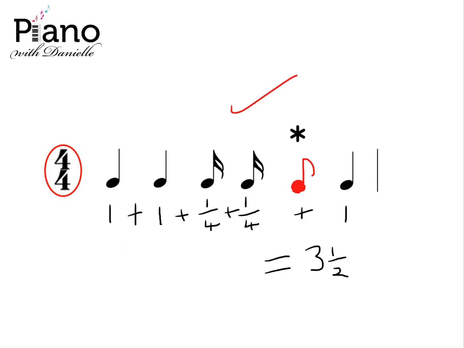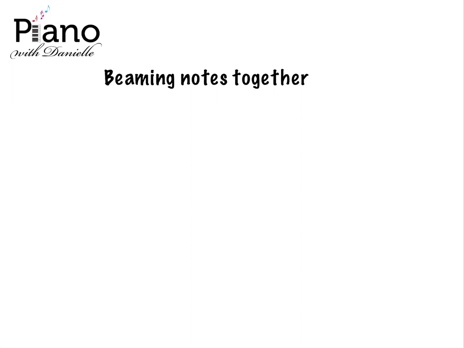Let's move on and have a look at beaming notes together. When there are a group of quavers or semiquavers, or even a mixed group with some of each type, we can beam notes together. 2 quavers, for example, can be written and are equal to this.